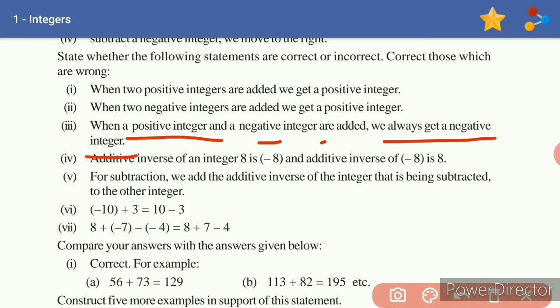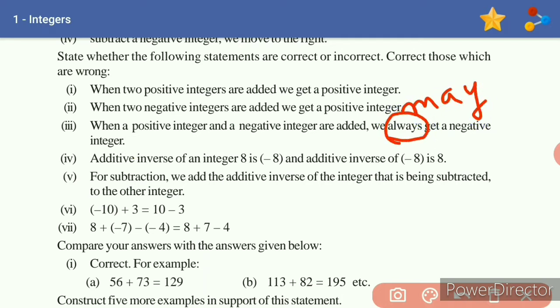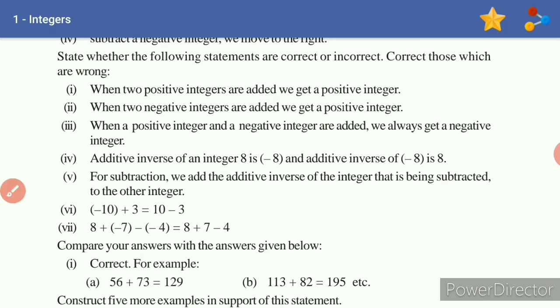If instead of always they would write may, then it is correct. We do not always get a negative integer, so the statement is incorrect again.